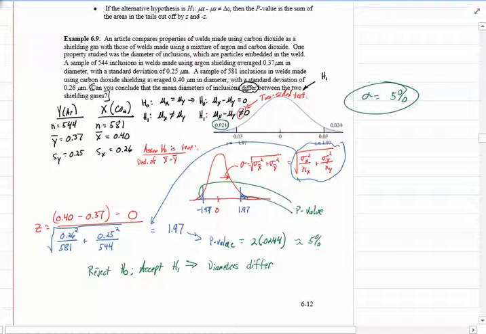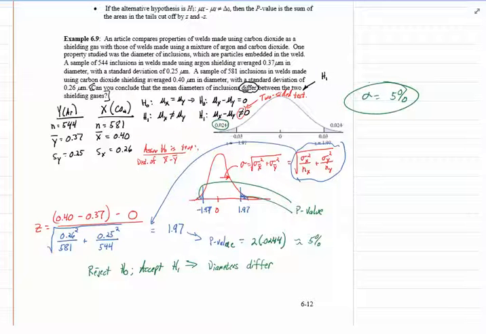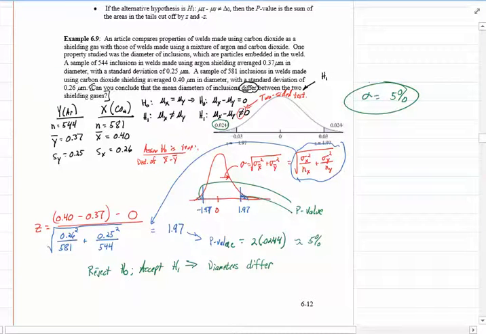So alpha is 5%. Are we going to get it right every time? Suppose the null hypothesis is really true, and we did this experiment 100 times. And we look at, in each experiment, did I reject the null hypothesis or not? That's our question.